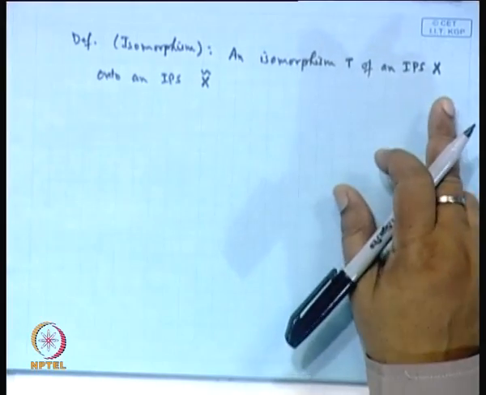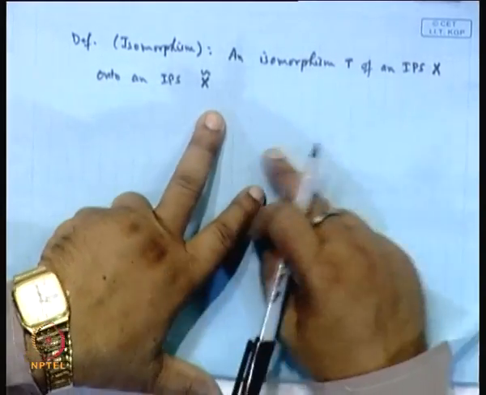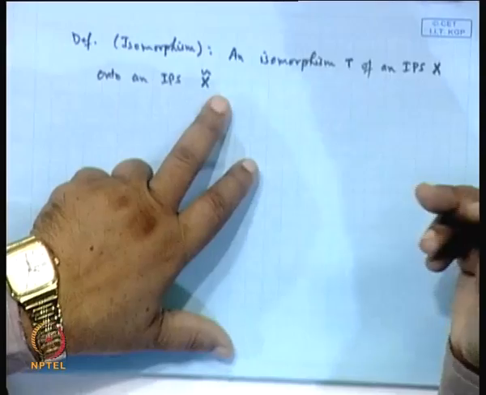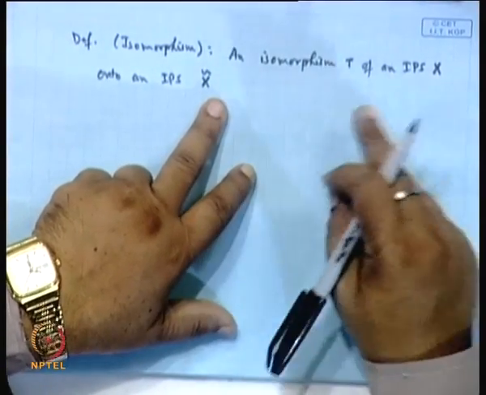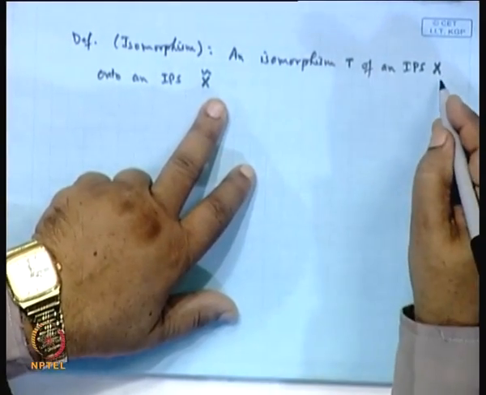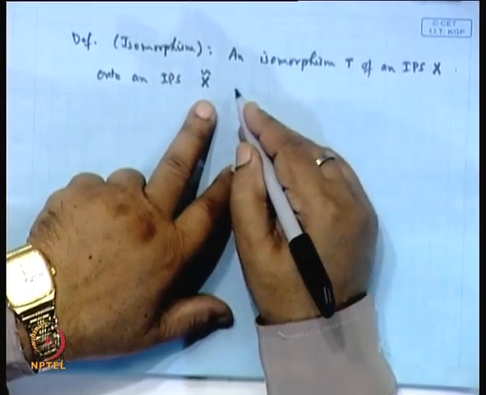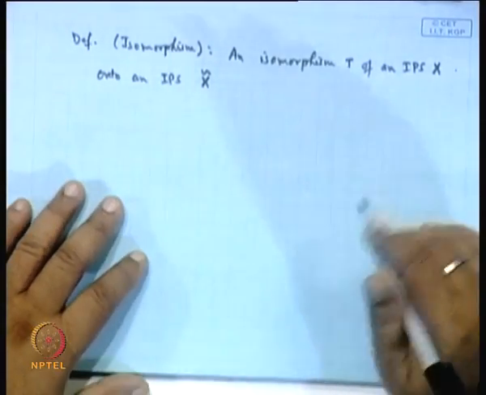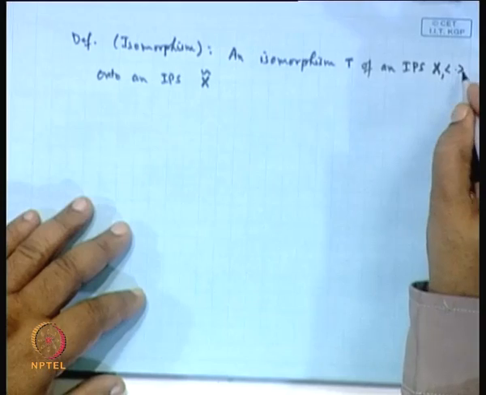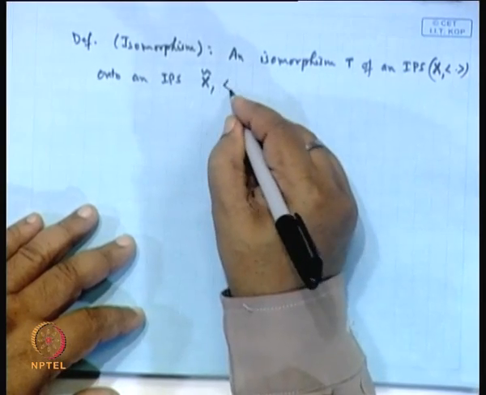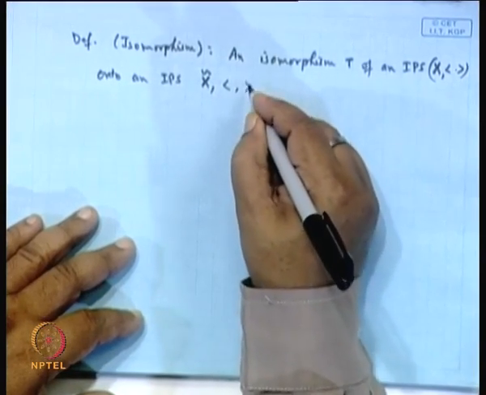I am taking the same inner product in both cases. It may be different of course, but for the sake of simplicity I am choosing the same inner product; otherwise we can write this as inner product and this as inner product dash, or delta, both will be okay.